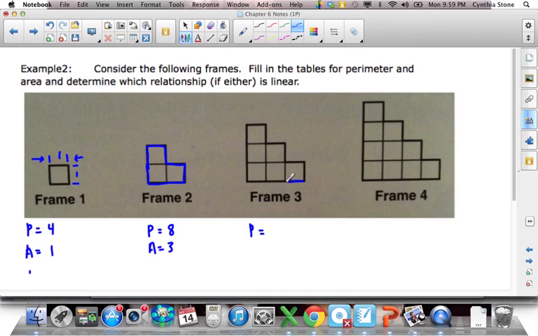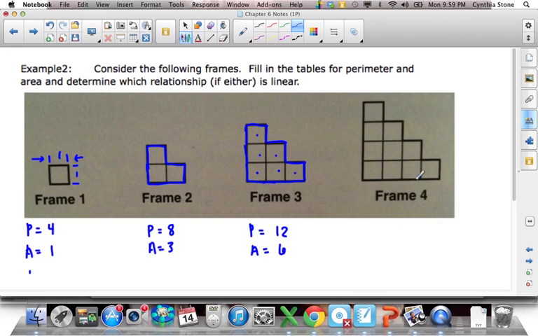Perimeter of this one, same thing, just count as you go along. So 1, 2, 3, 4, 5, 6, 7, 8, 9, 10, 11, 12. And area, just count them up: 1, 2, 3, 4, 5, 6. Okay, and this one is a big one, but we'll just go counting.